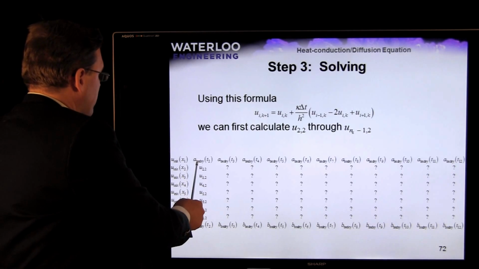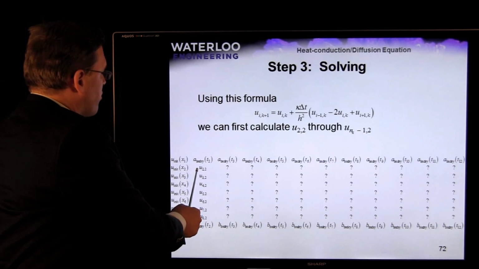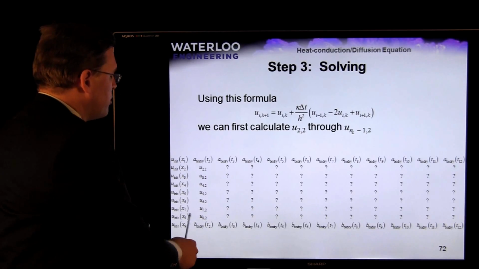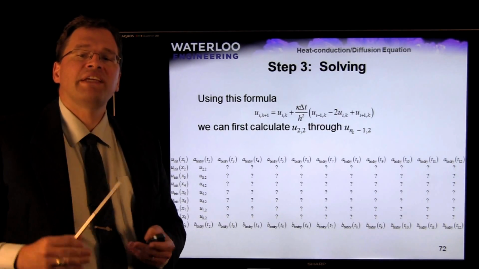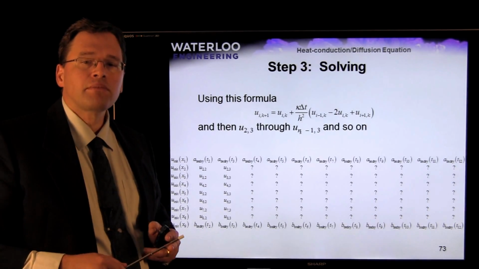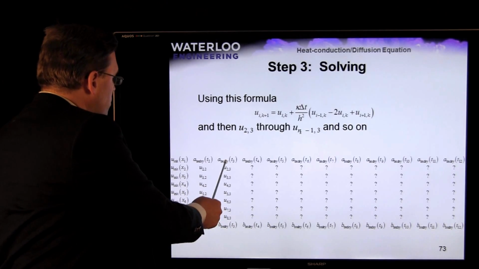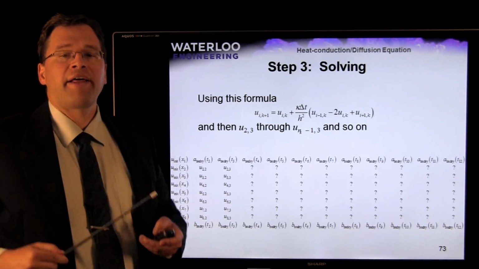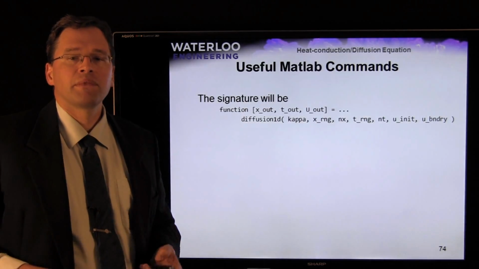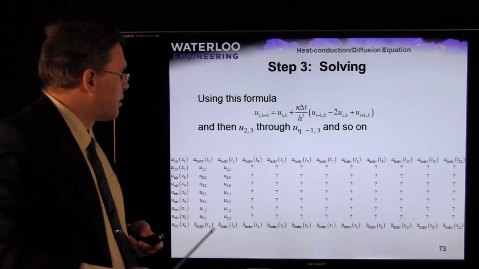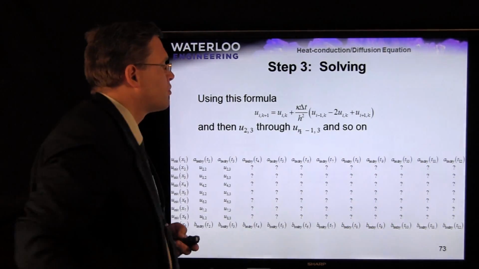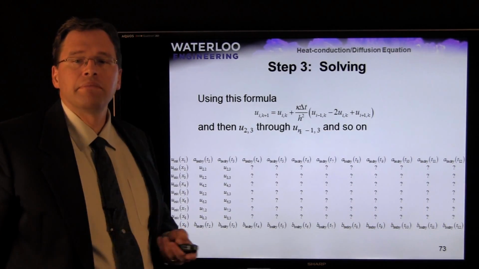So, we can calculate approximations for u sub 2,2 all the way up to u sub 8,2 at all of the interior points. Having calculated all those, we can now approximate at t sub 3. And we can just keep on doing this up until we get to our final time.